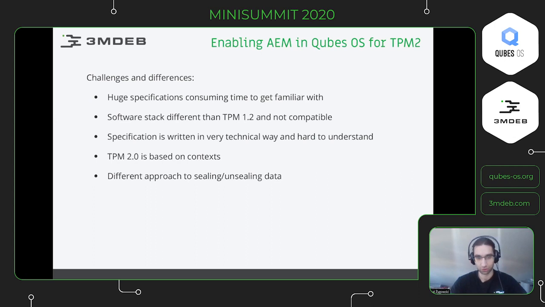When created, they can be loaded into the internal RAM of the TPM 2.0, and then they can be sealed and made persistent. There is also a utility called tpm2_evictcontrol, or evict control, I don't remember now, which is supposed to make this sealed data persistent.